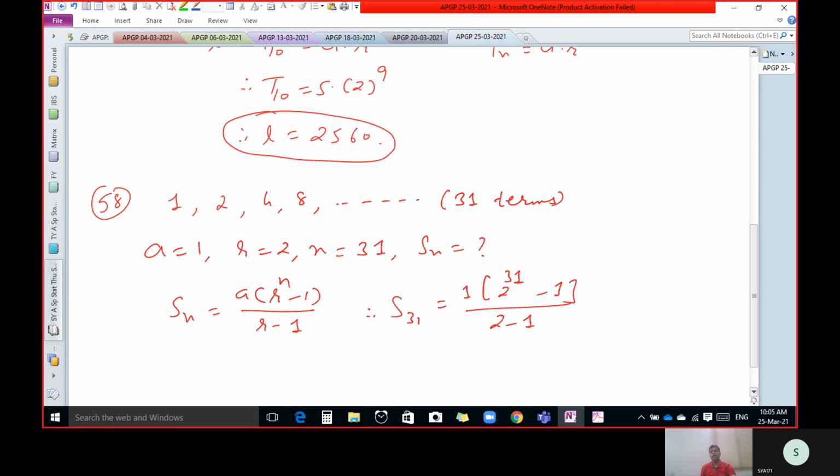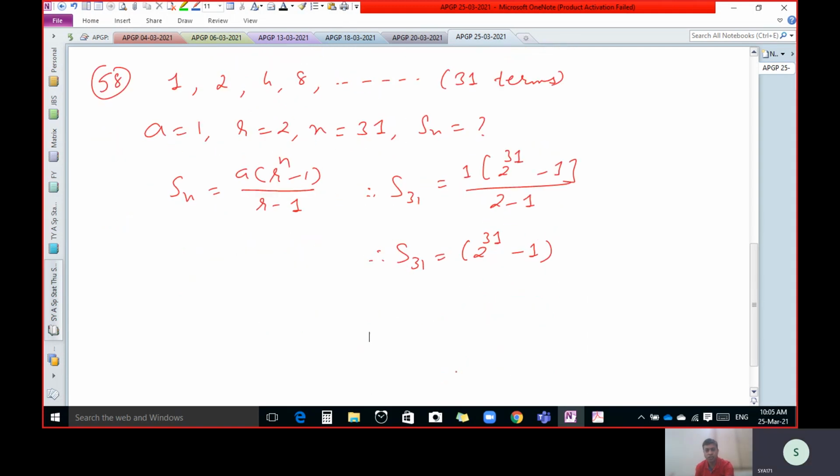Now if you check in a calculator, 2 raised to 31 is quite a big value, so keep this as it is, and that is your final answer. Or you can calculate if you want. 2 raised to 31 is not a small value, but even a calculator can compute it.